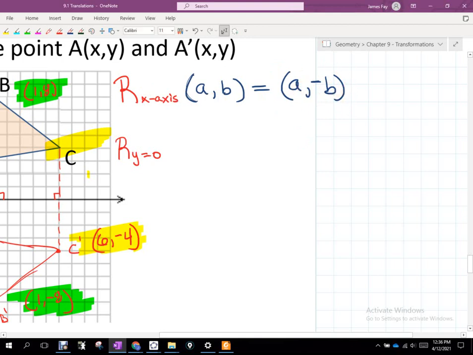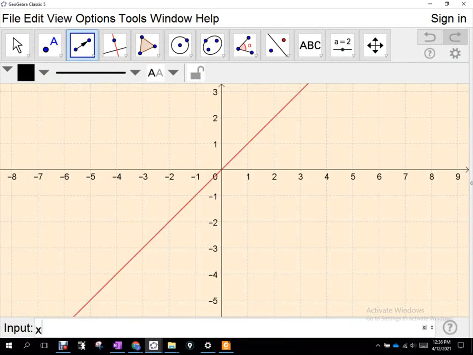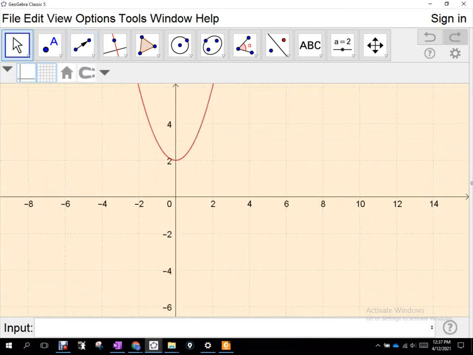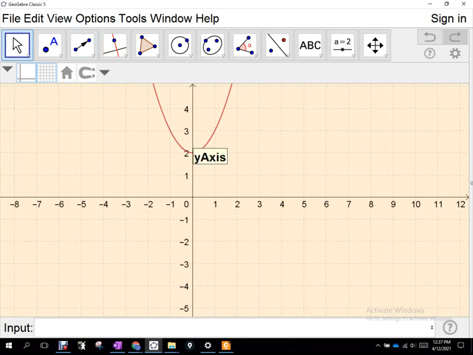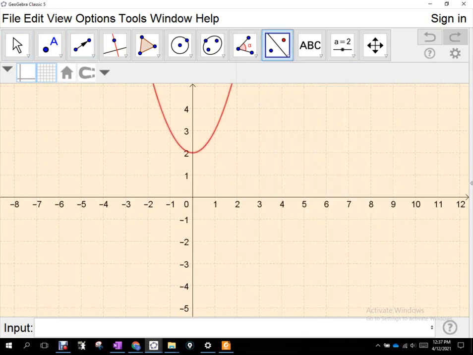Okay. Let's go back to this here. And I'll just start with x squared plus 2. Let's start with that curve right there. Okay. If I reflect that across the x-axis, I get that curve right there.